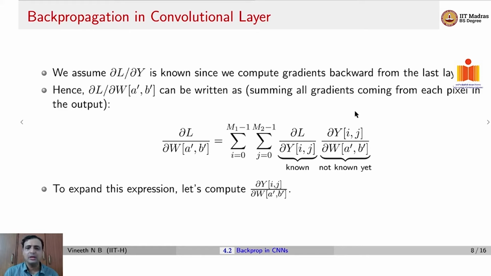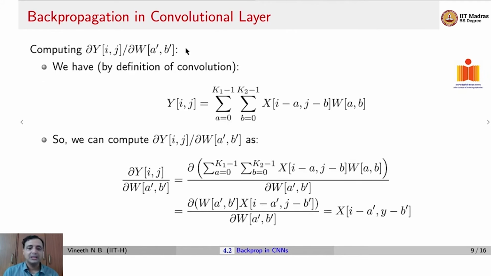That's the quantity that we now have to compute for this overall gradient of loss with respect to W at a', b'. By definition of convolution, once again, Y at ij follows from the standard definition of convolution. This K1, K2 are the filter sizes, and this is your first principles definition of convolution.